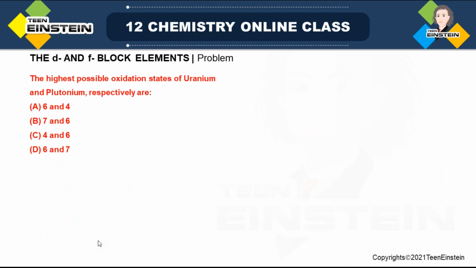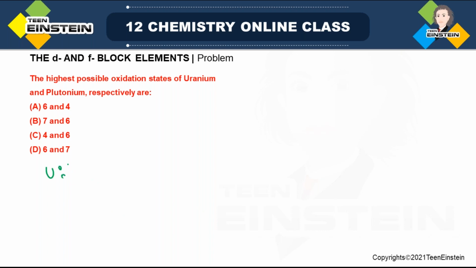The highest possible oxidation state of uranium and plutonium respectively are 6,4, 7,6, 4,6, and 6,7. Now uranium and plutonium are both actinides, right?